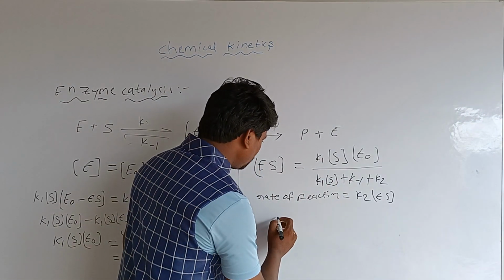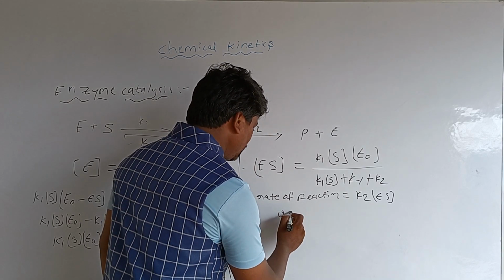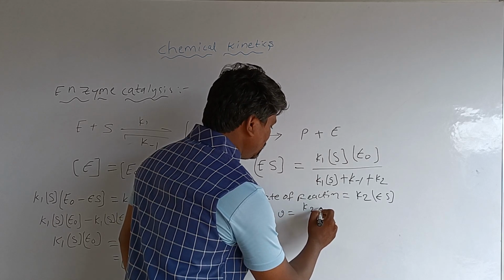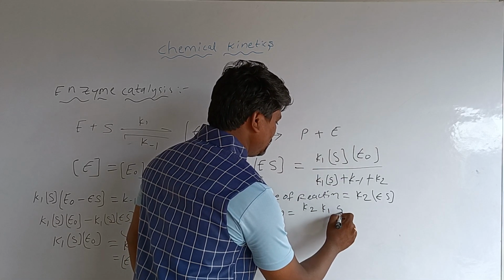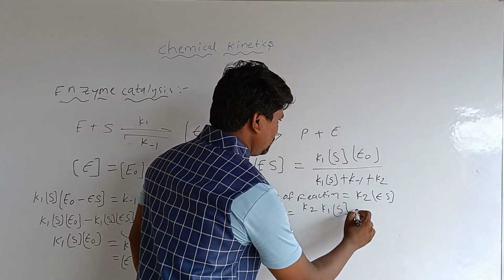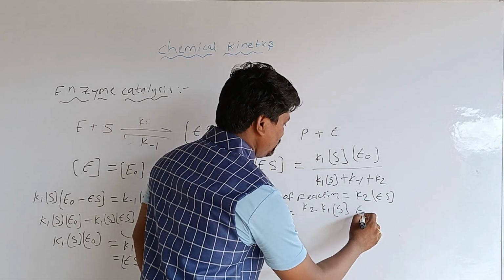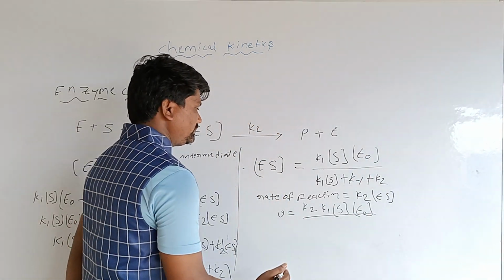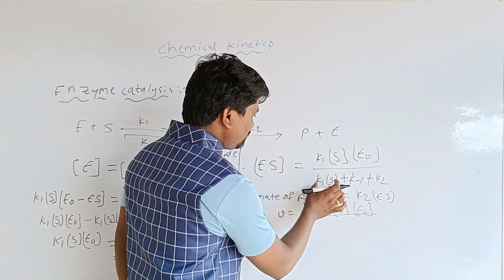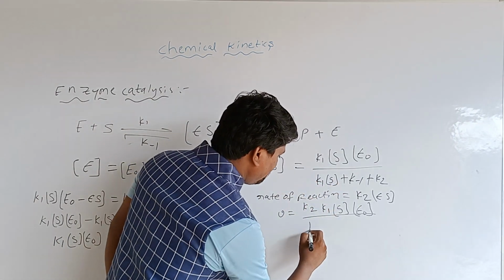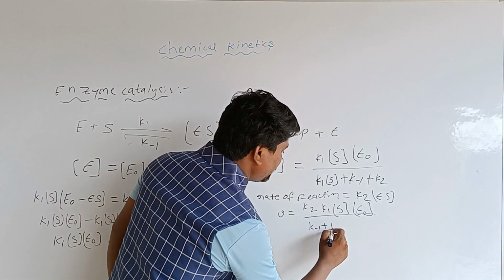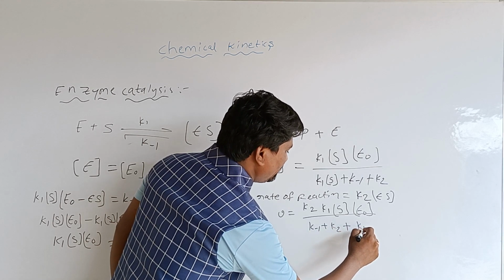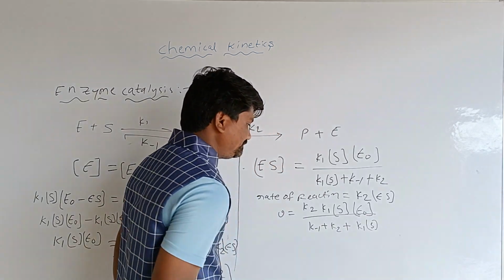Then the rate of reaction V is equal to K2 into K1 into S into E naught divided by K inverse plus K2 plus K1 into S. You have to write like this.